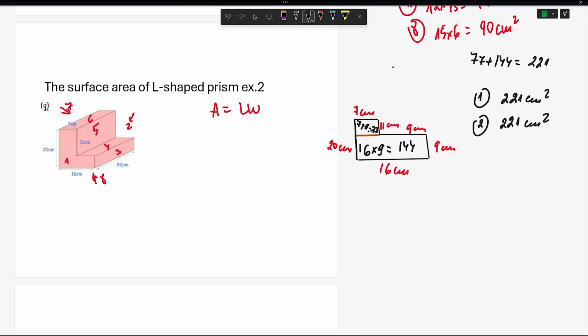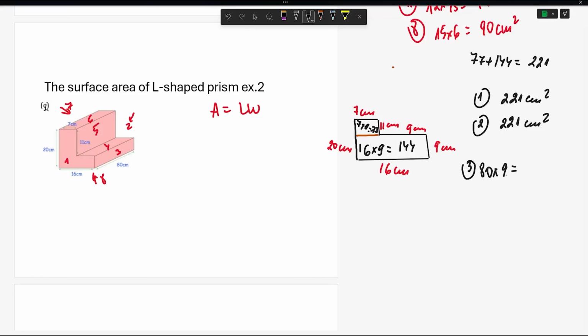I have 80 and I have here, we found it, this side we said is 9. So side 3 is gonna be 80 times 9.